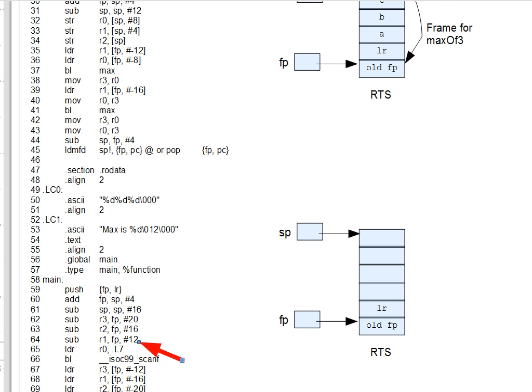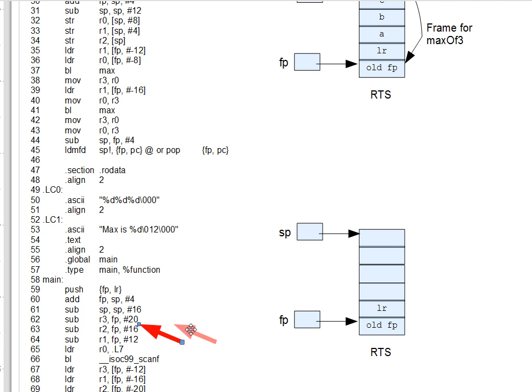Well, they're setting R1, R2, and R3 to addresses within the local variable area by offsetting from FP, subtracting from FP, preparatory to passing them as parameters to scanf. Since the second, third, and fourth parameters are val A, val B, and val C respectively, this means that those variables appear in that order in the runtime stack with val C on top.